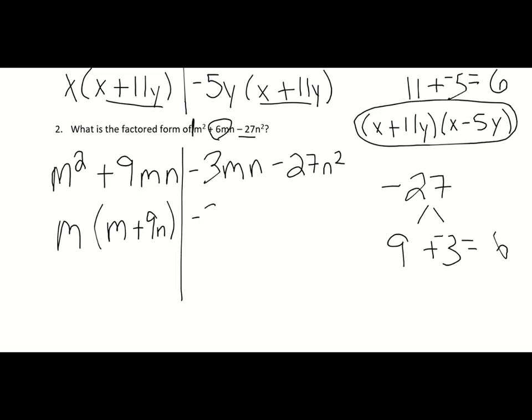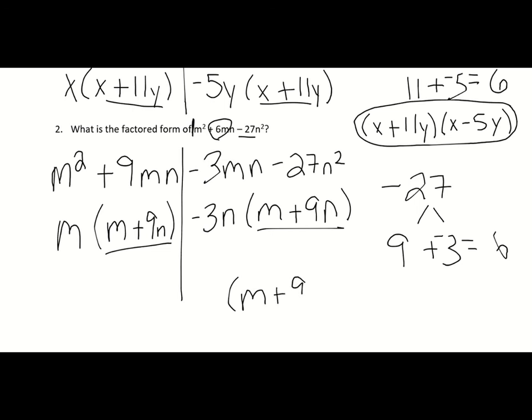On the other side, negative 3n is what they have in common. So I get m plus 9n. Insides match, so that's my first binomial when I write this in factored form. And what was on the outside, m minus 3n, is my second binomial.